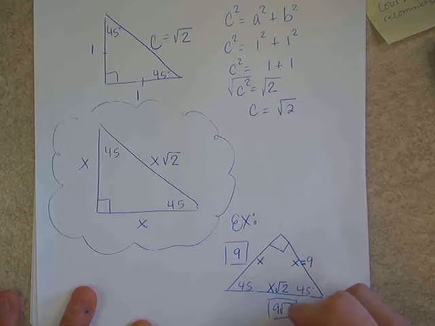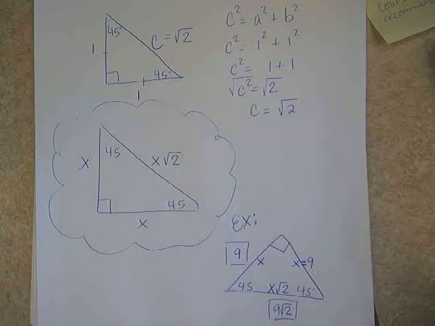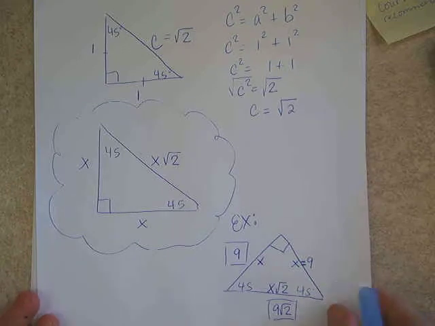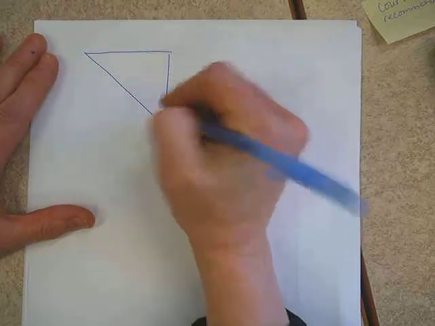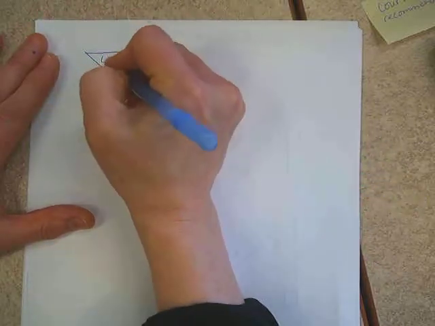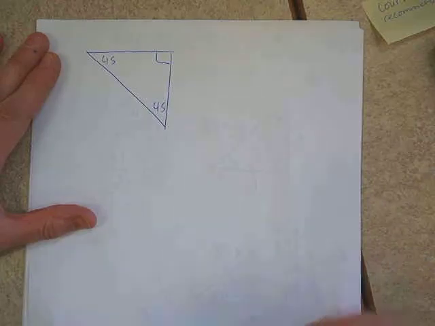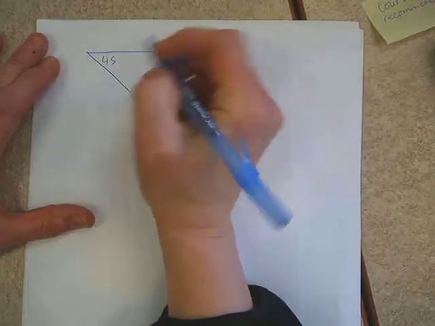And what would my hypotenuse have to be? 9 radical 2. Those are the easy ones. If you find x first, the rest of them are pretty easy. You're just going to attach the radical 2, basically. Okay. So let's look at another example, because they're not all that easy.